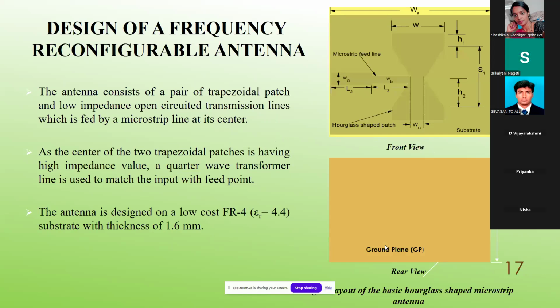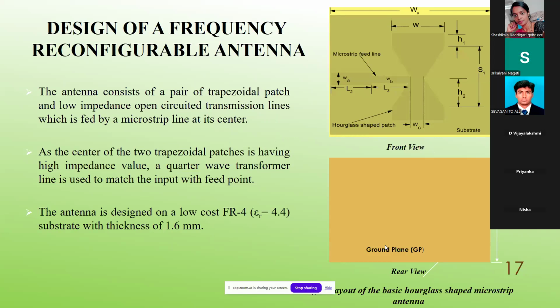Coming to this design of a frequency reconfigurable antenna, one simple structure we have considered is a trapezoidal patch, or from the shape we can call it an hourglass shaped patch. So the concept starts from a trapezoid, and a low impedance open circuited transmission line we have considered here.